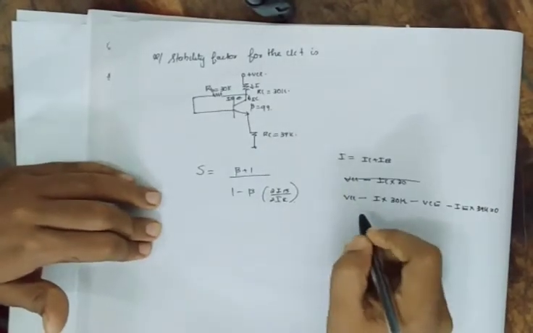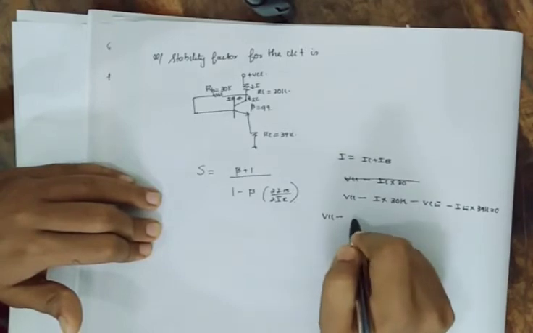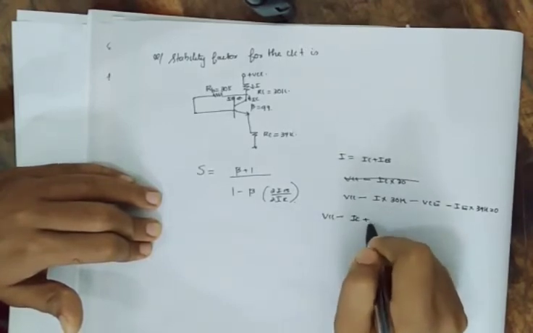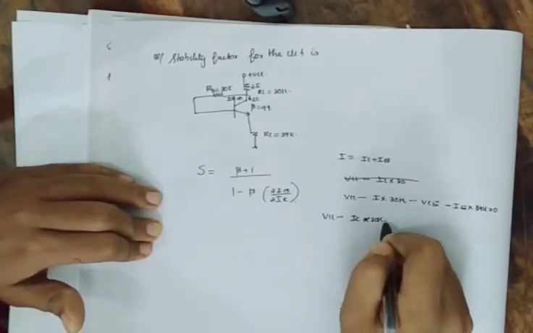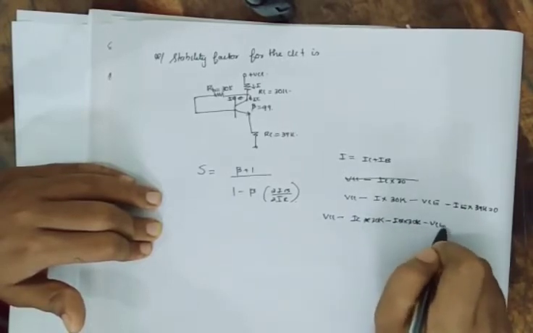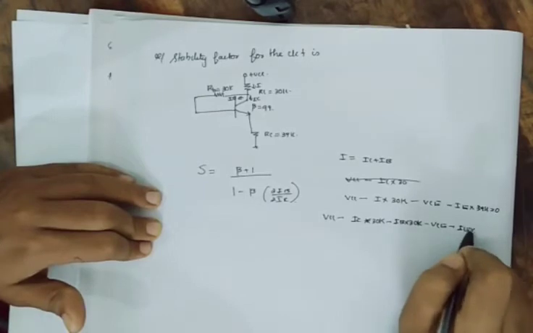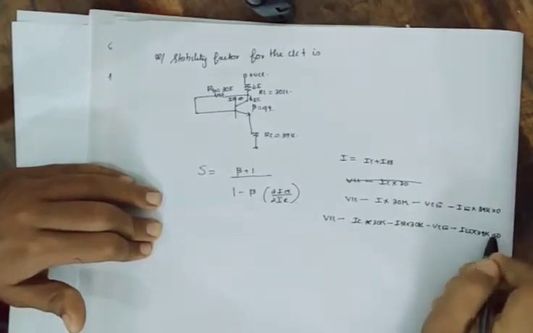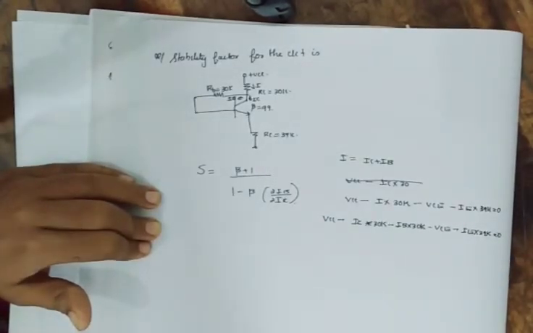And then VCC, instead of I, I am going to write IC into 30K minus IB into 30K minus VCE minus IE into 39K, which is equal to 0.